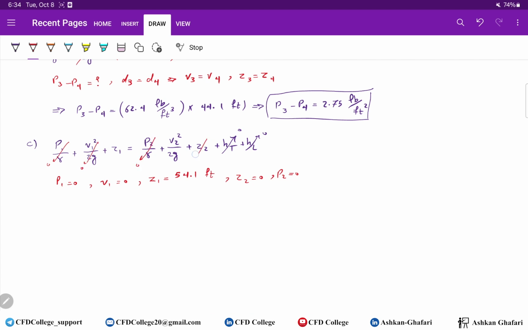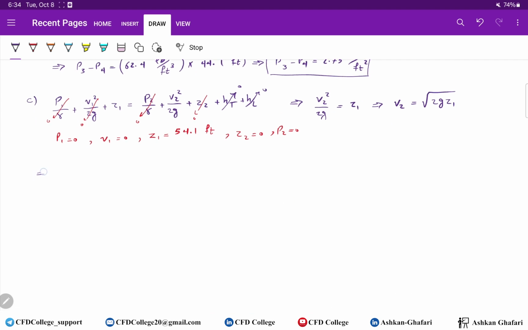So these terms are gone, and what we have is V2 squared over 2G equals Z1. So V2 equals the square root of 2G times Z1.